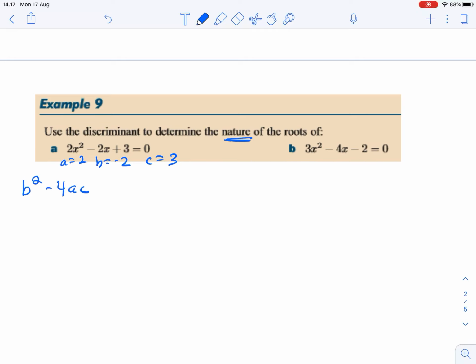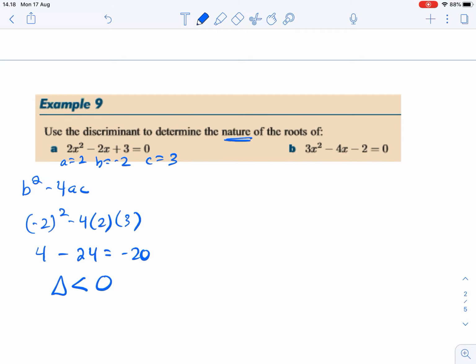All I have to do is plug this in. b squared is negative 2 squared, minus 4 times 2 times 3. This is 4 minus 24, which is negative 20.